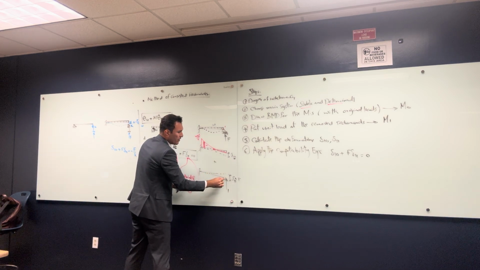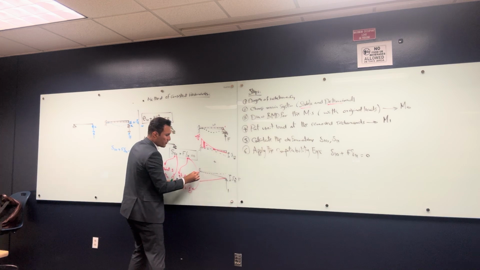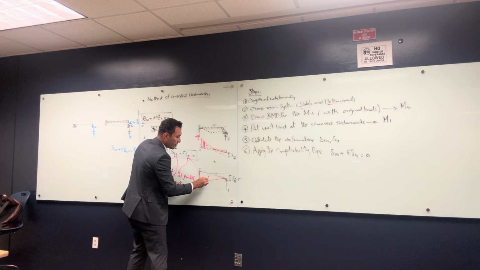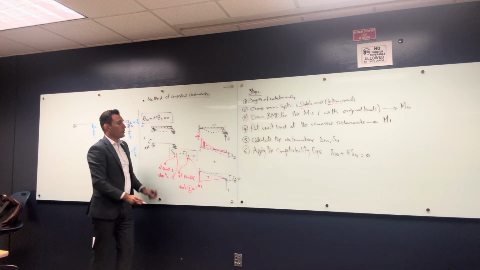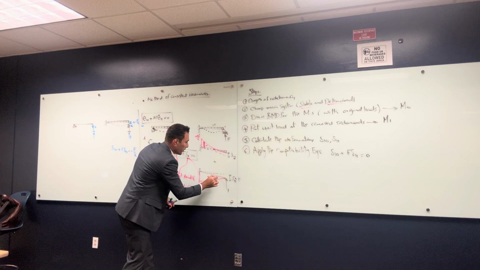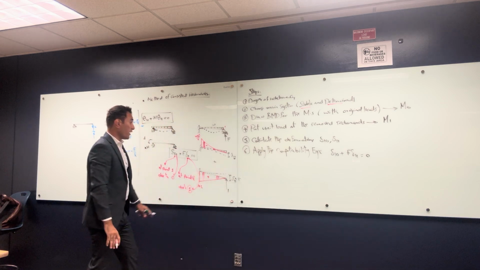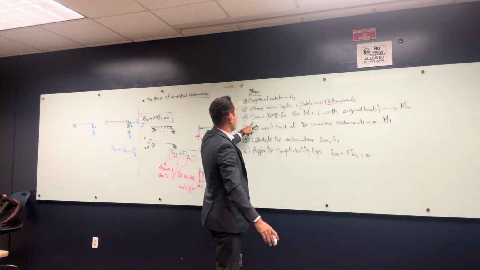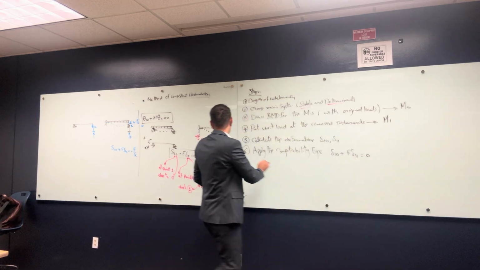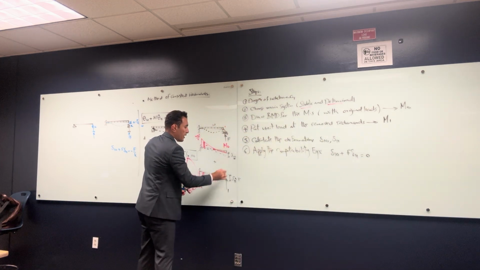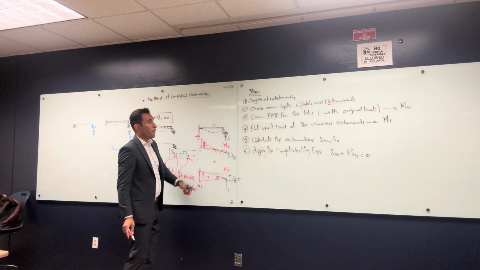The bending moment diagram here is positive, and it's linear because it's a constant load, and it's gonna be 1 multiplied by L, and this is positive. You guys know when it's positive, when it's negative, right? We know the signs of the bending moment. All right. Okay, so I drew the bending moment diagram for the redundant, and then I got M1. So this is MO, and this is M1.